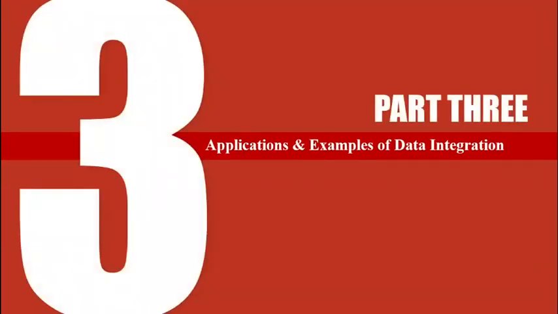So we are done with the second part. Let's review the first and second parts. In the first one, we spoke about why we need data integration, and then what data integration is. We spoke about data integration, data transfer, data synchronization, and that data integration is not easy. It is a bit challenging.